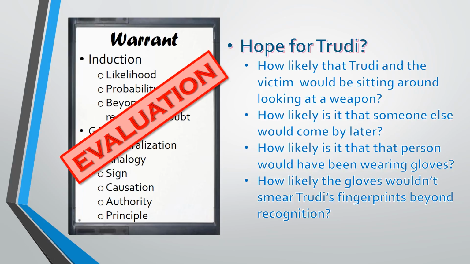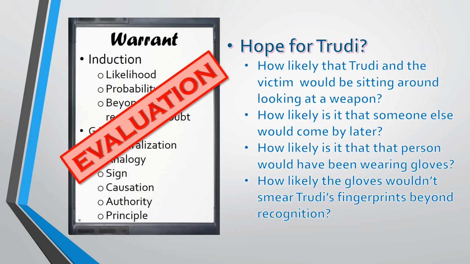Third, think of as many questions as you can that need to be answered before you can evaluate the likelihood of the alternative scenario. And finally, as you consider these questions, you will start forming a more intelligent opinion about how likely the alternative scenario is. And again, the more likely the alternative, the less likely the original scenario.